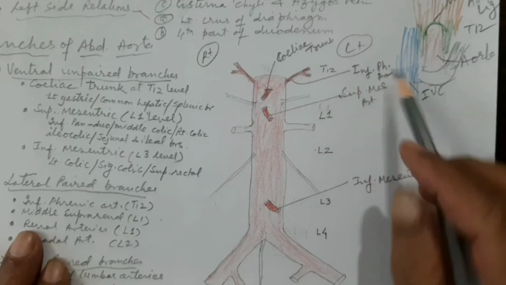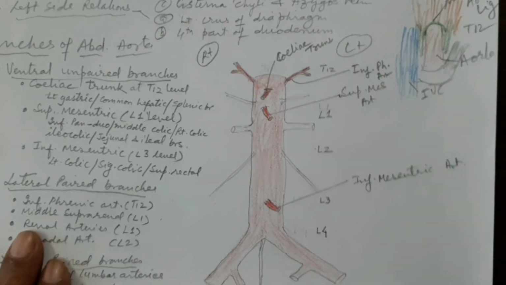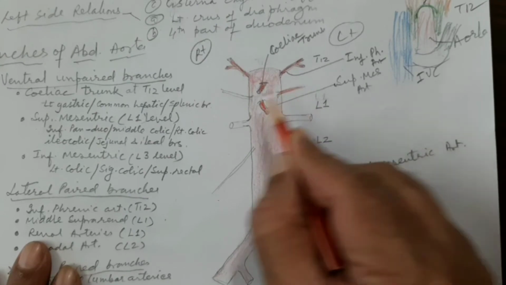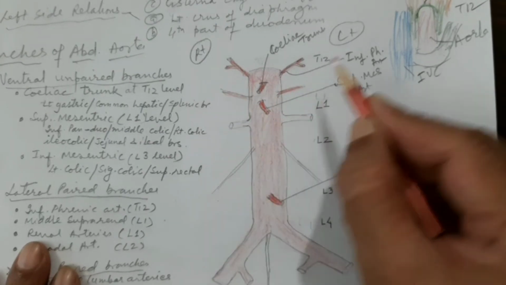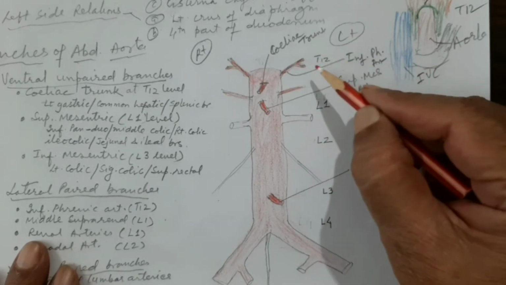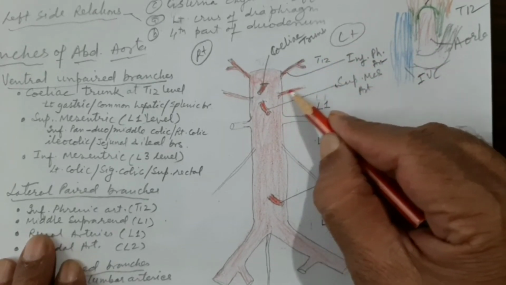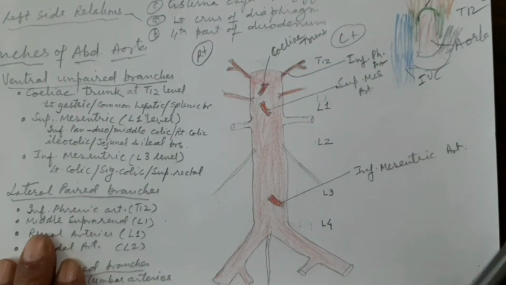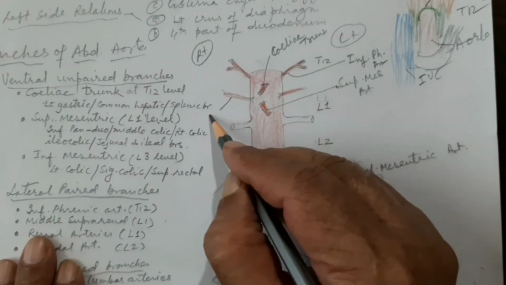Then the second branch, which is a paired branch coming from the lateral side, is this pair. Now the inferior phrenic was coming out at the level of T12, but this second pair of branches is called the middle phrenic.